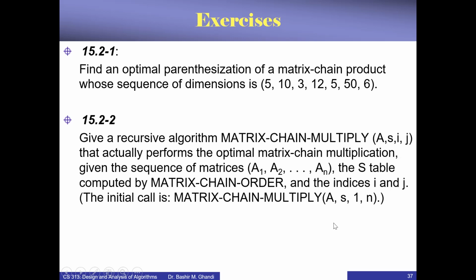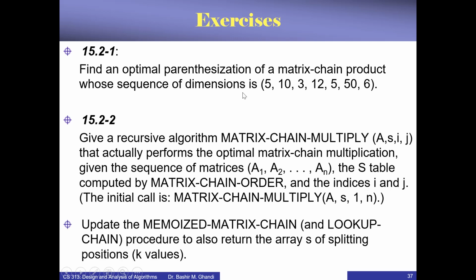Okay, this is the procedure given. We already saw actually the procedure that can do the matrix chain multiplication if we are given two matrices. So all we are trying to do is to generalize it to do the multiplication, not just sequentially, but based on the parenthesization information stored in the array S. This is what the question is about.